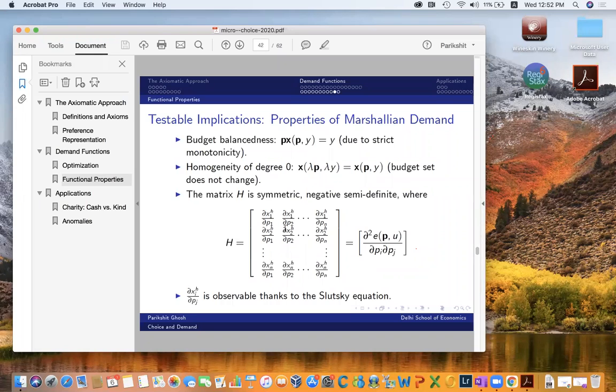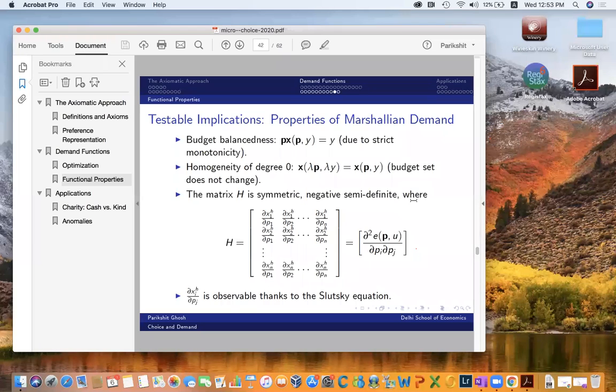Now, we can convert this matrix of second derivatives of the expenditure function into a matrix of first derivatives of the Hicksian demand functions. Why? Using what result? Let me backtrack. Let me go back to the result we proved that the expenditure function is concave, right?